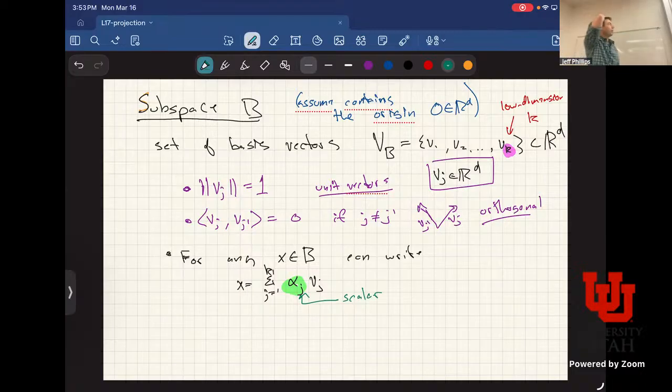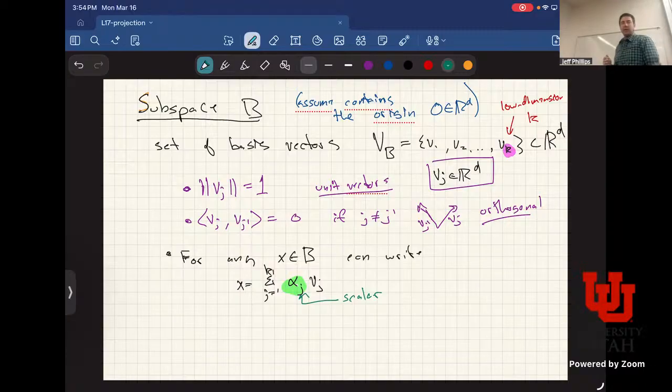All right, so for any point that lies in this subspace that contains the origin, if it's defined by these basis vectors that are unit vectors and orthogonal to each other, and I don't need orthogonality, I just need linear independence, but orthogonality will be nice, then I'll be able to write this x as a linear combination of the basis vectors.